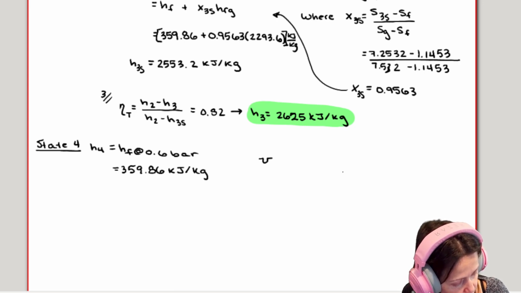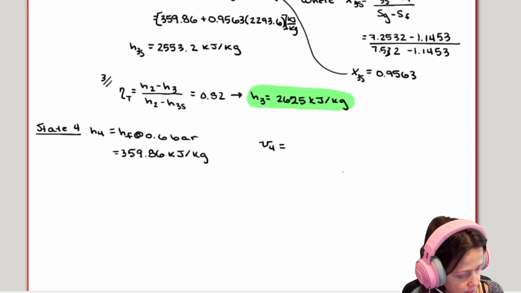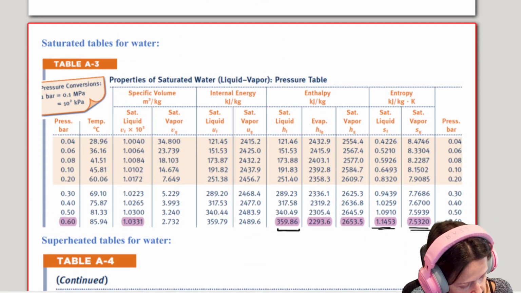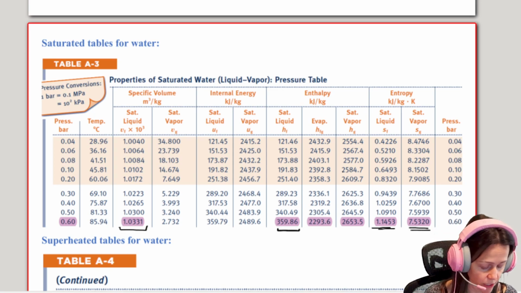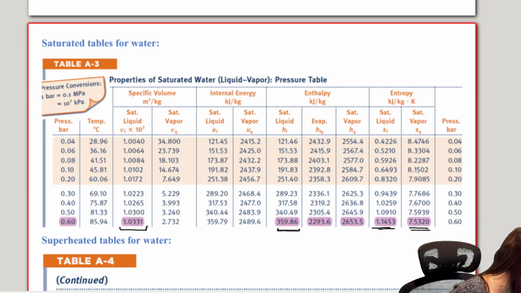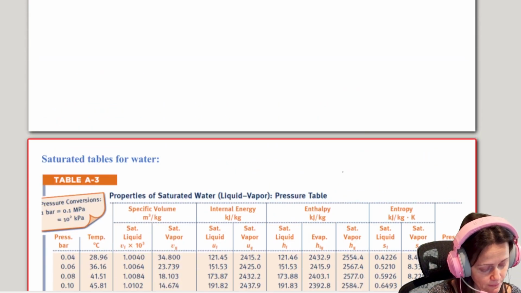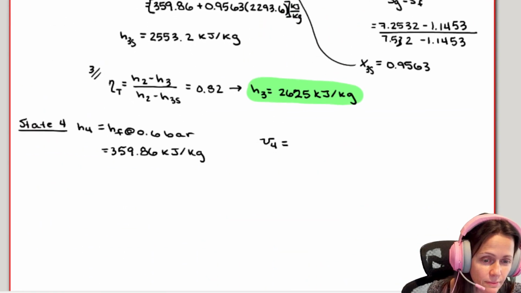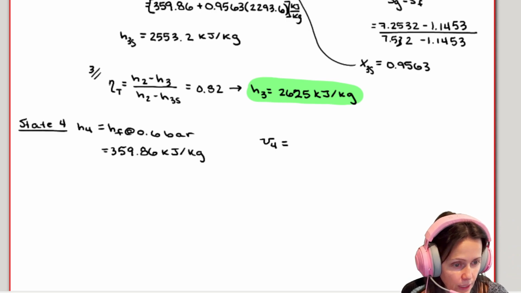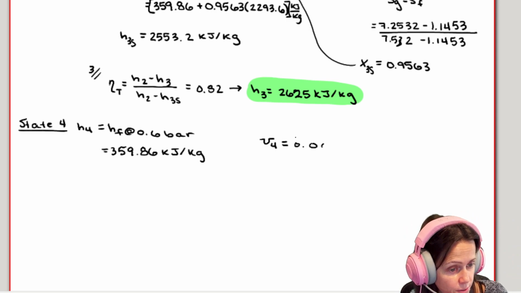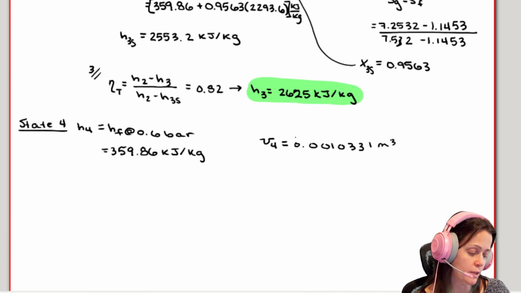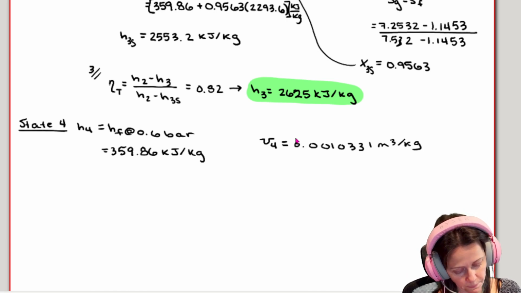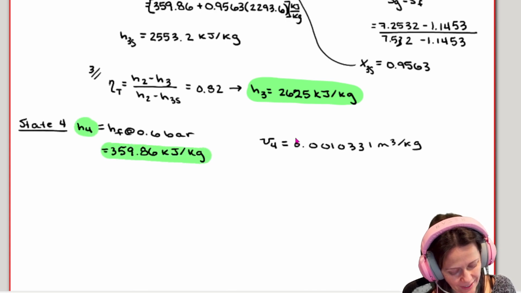And then because we're going into that pump, I'm going to go ahead and get our specific volume as well. So it's this guy right here, the number that's already been multiplied by 1,000, so 0.0010331, and it's meters cubed per kilogram. I'm going to highlight at least this guy, so I feel good about that.